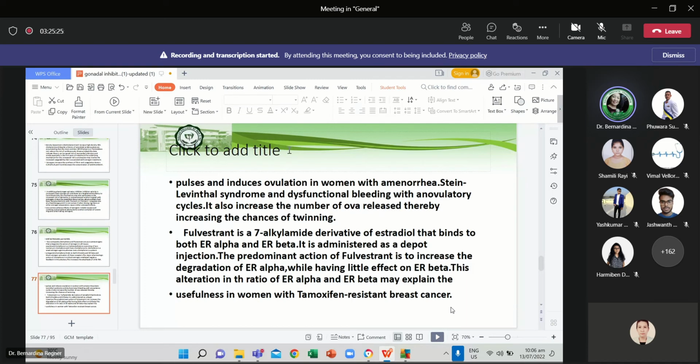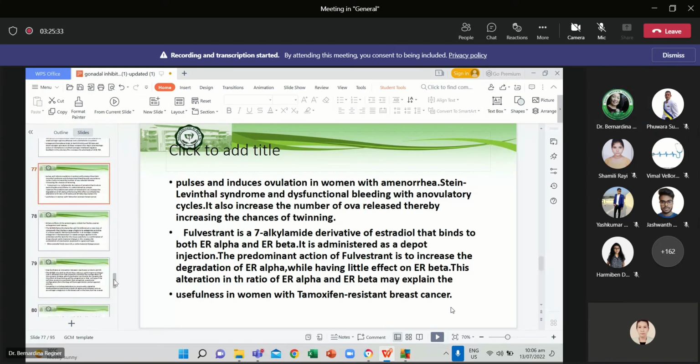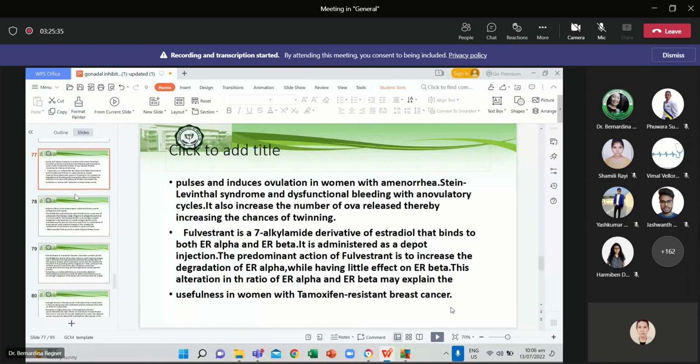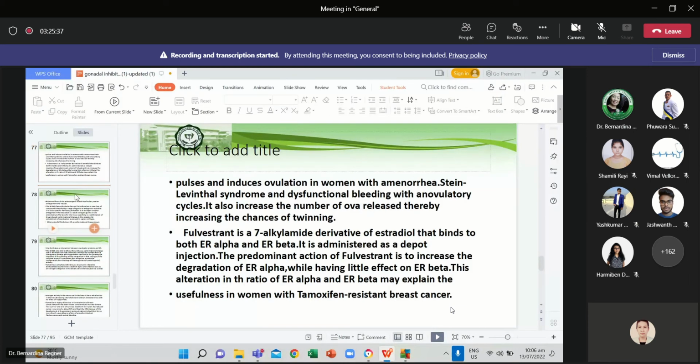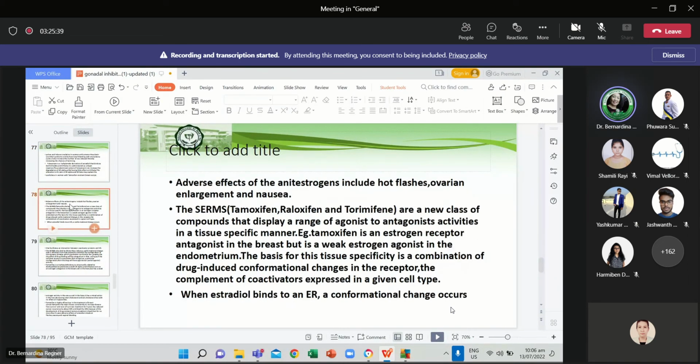So in breast cancer, any questions so far? Adverse effects of your anti-estrogens will include hot flashes, ovarian enlargement, and nausea.